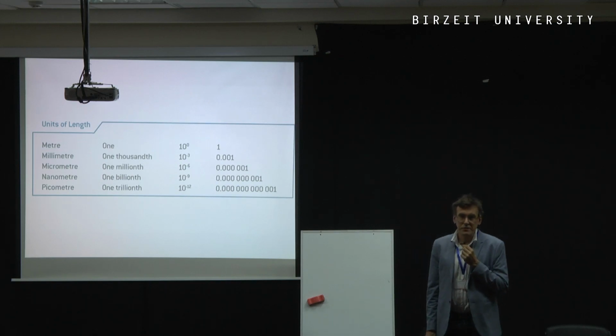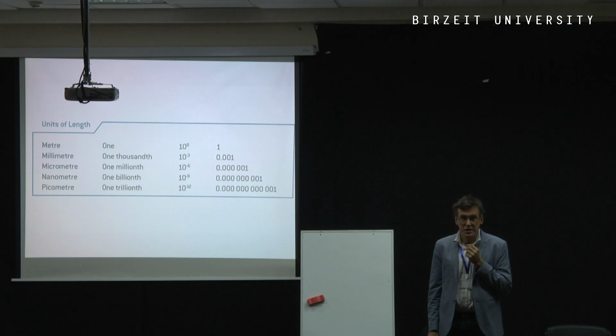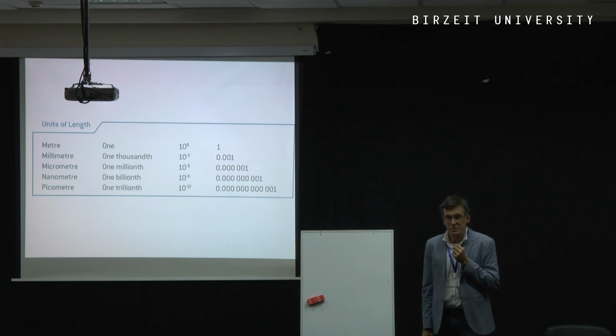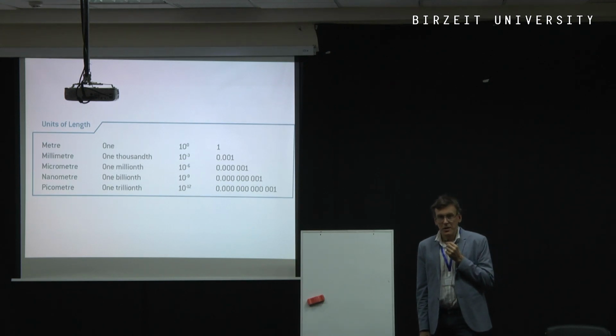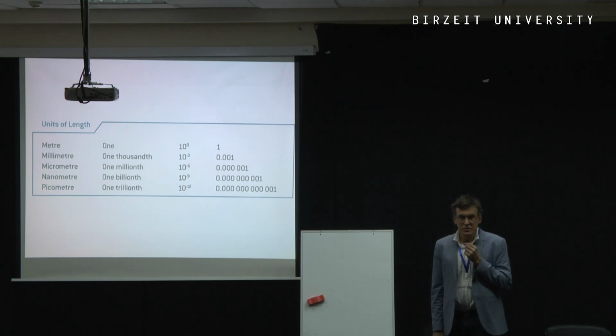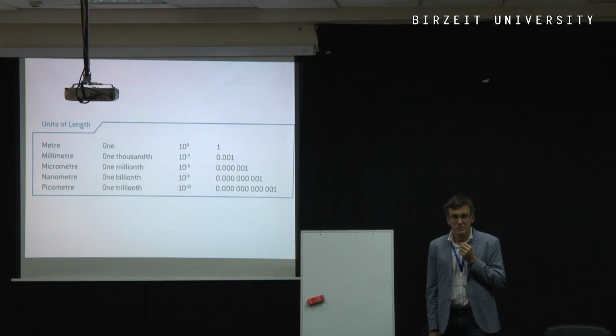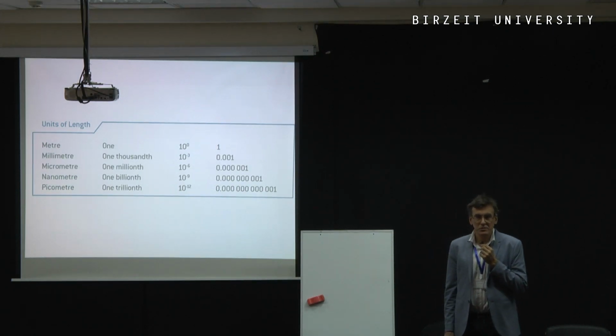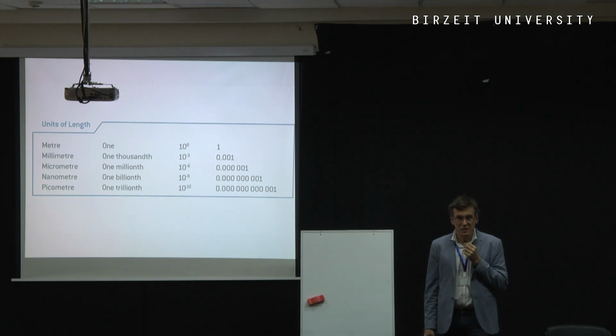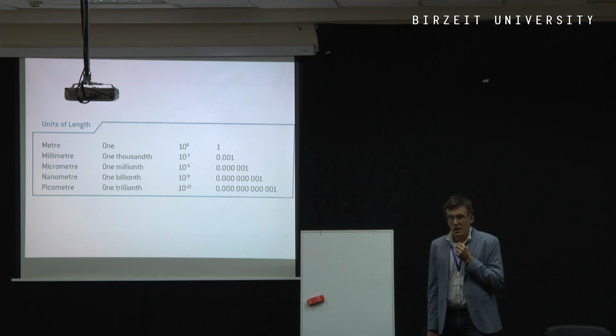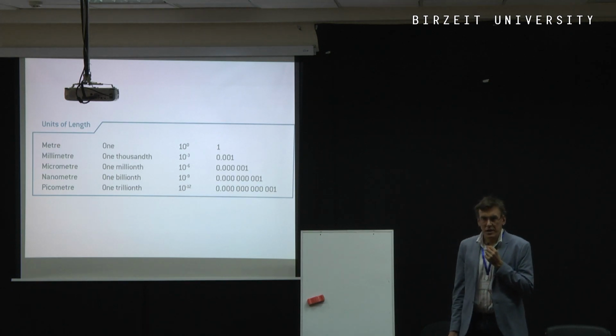Now, there are a number of different techniques which are capable of obtaining information about materials on that length scale. You can use various types of radiation. You can use X-rays. You can use neutrons. You can use scanning probe techniques, atomic force microscopy, scanning tunneling microscopy. And in our case, we use high-energy electrons.